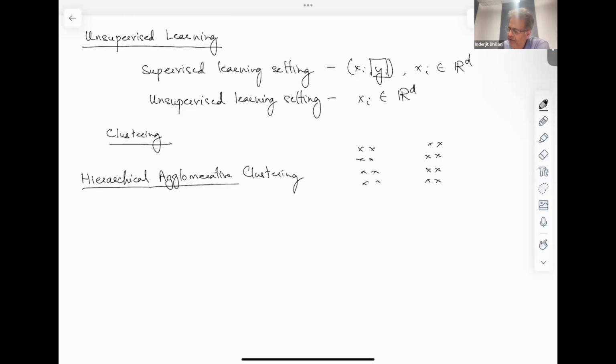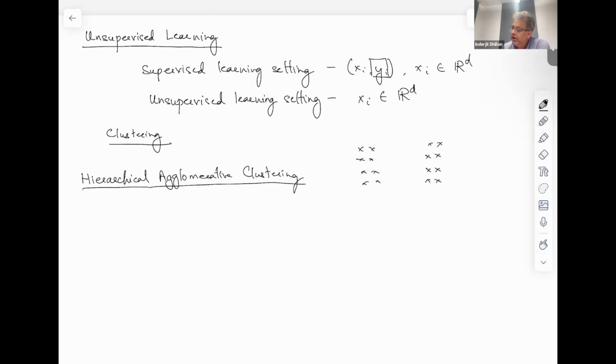First, let me illustrate on this data that I have. The way the algorithm works is you say that each point is in its own cluster. Then the whole idea, as the name suggests, is to merge clusters.